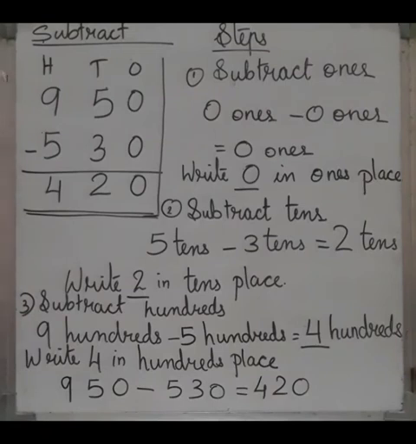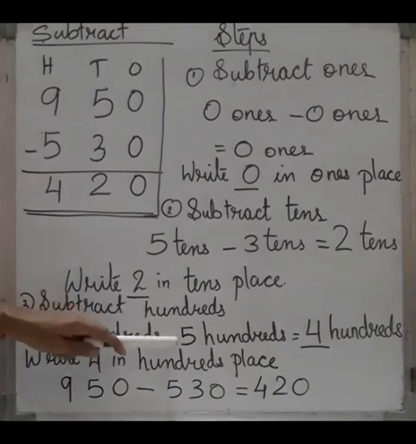Now we are going to subtract numbers in hundreds place. Here in hundreds place 2 numbers are there, that is 9 and 5. 900 and 500. 900s minus 500s.